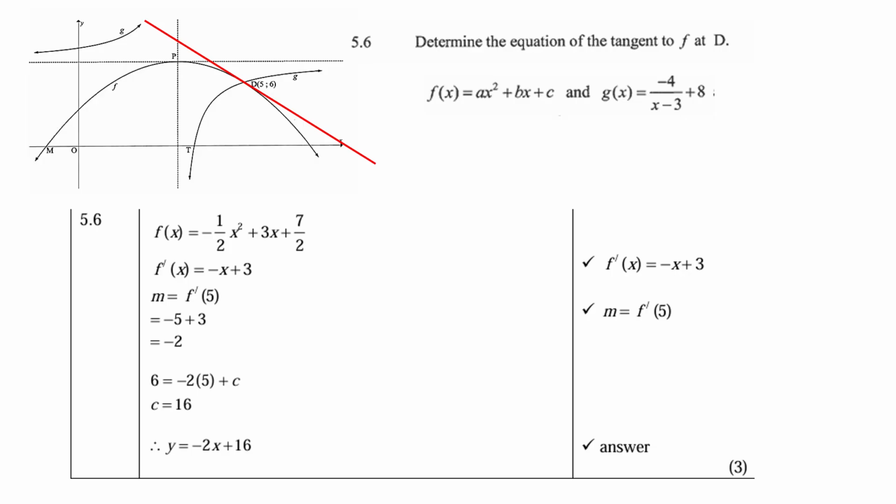Now at the point x = 5, you replace x with 5, and you get the gradient of that line equals -2. Then of course, using the point (5; 6) in the equation y = mx + c, substitute, and then you get c = 16. So therefore the final answer is y = -2x + 16.